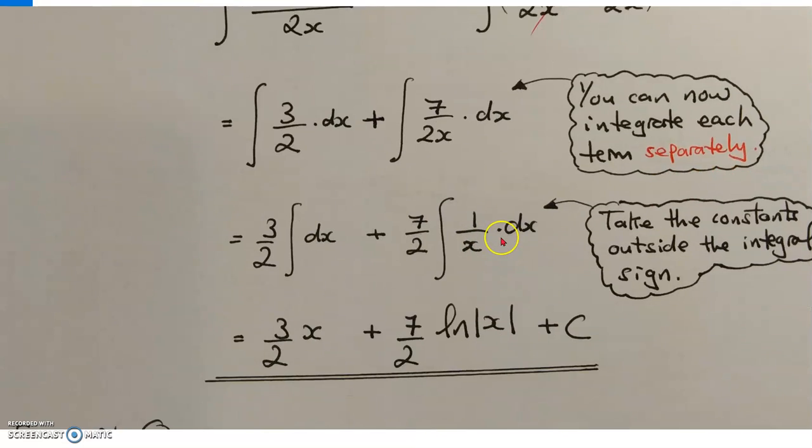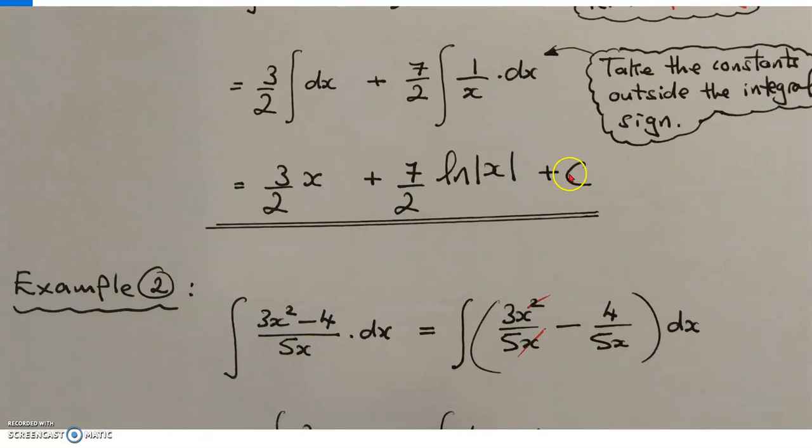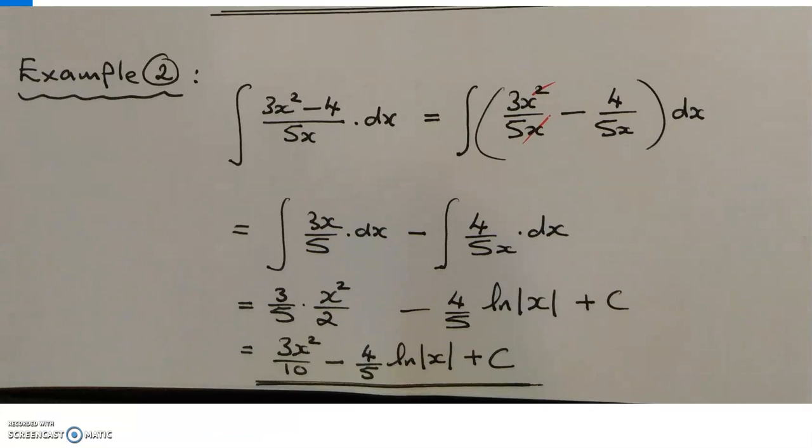Well, we've just seen that if I integrate 1 over x, I get the natural log of the absolute value of x. When I integrate 1 dx, I get x. So my final answer is 3 over 2 times x, or 3x over 2, plus 7 over 2 times the natural log of the absolute value of x plus c. Pretty straightforward. Here's another example.